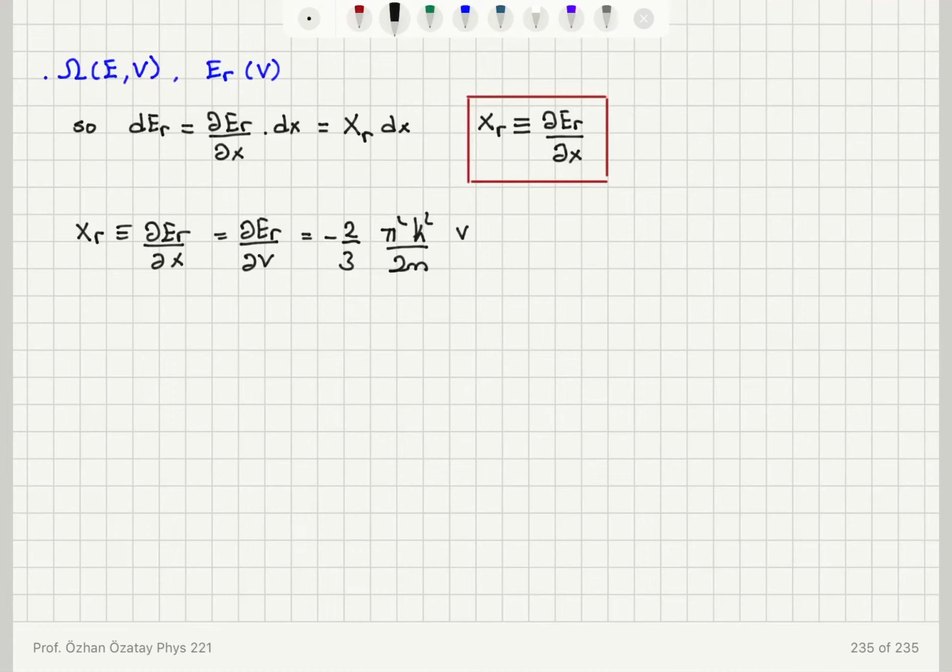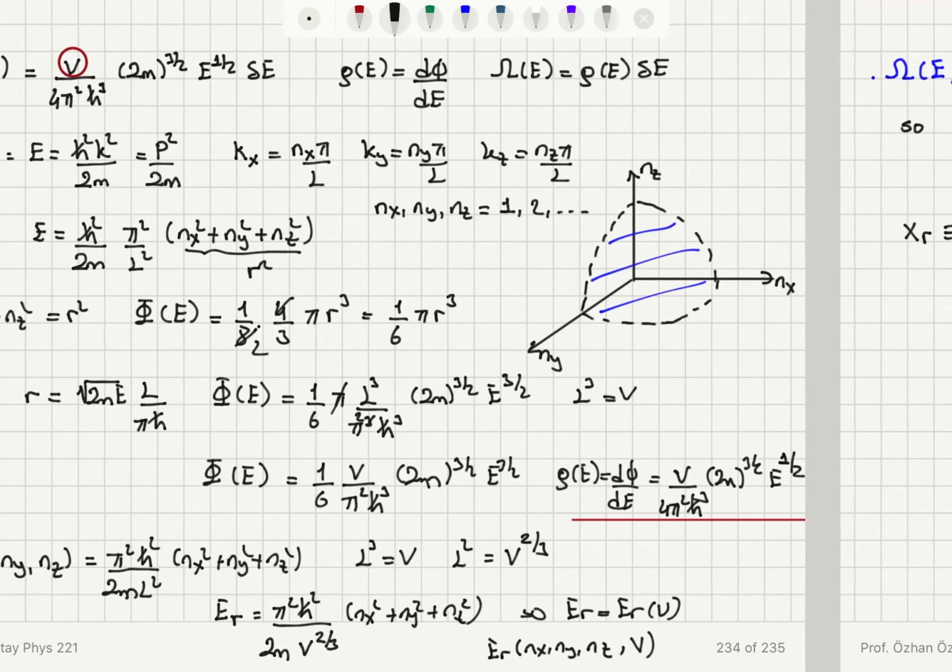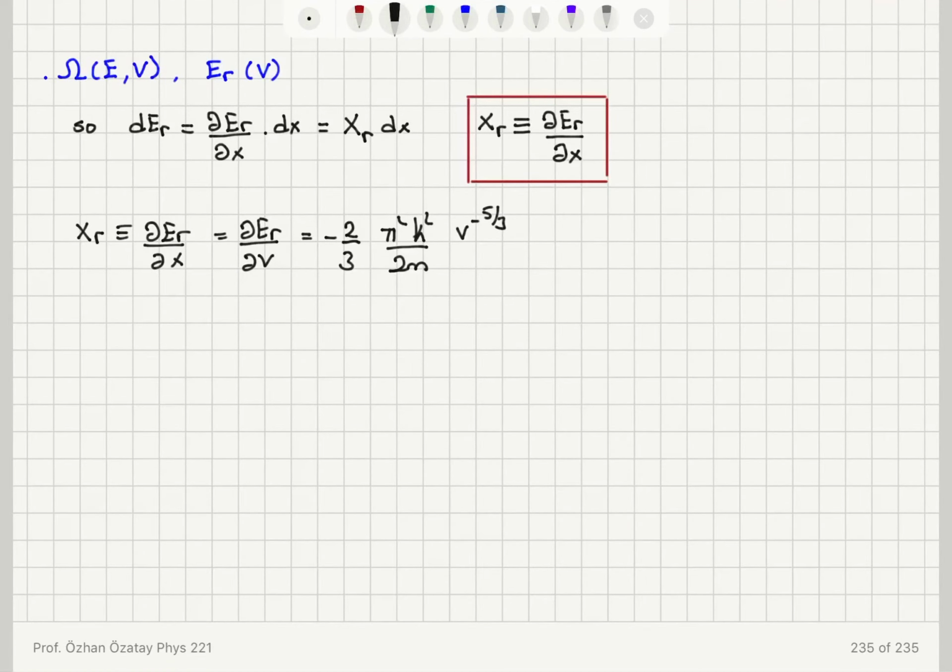Now V to the power minus 5 over 3, it was 2 over 3, now it has become 5 over 3, times nx squared plus ny squared plus nz squared.